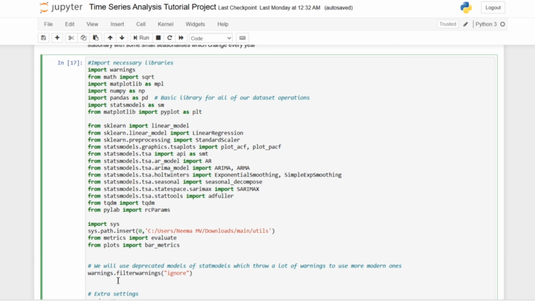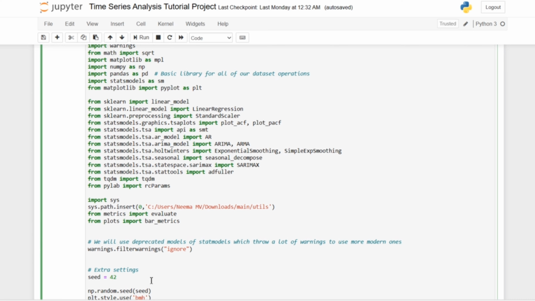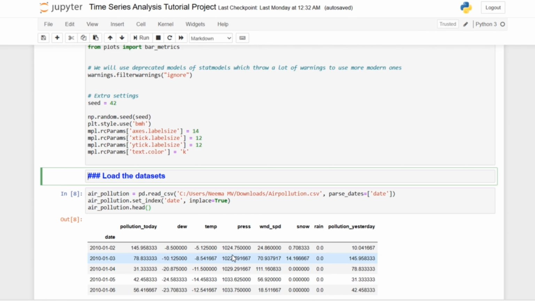Later on, we are writing syntax for ignoring the warnings, and we have also set up some extra settings, which is setting the random seed to 42 and styling for the axis label size, X tick label size, Y tick label size, and the colors.